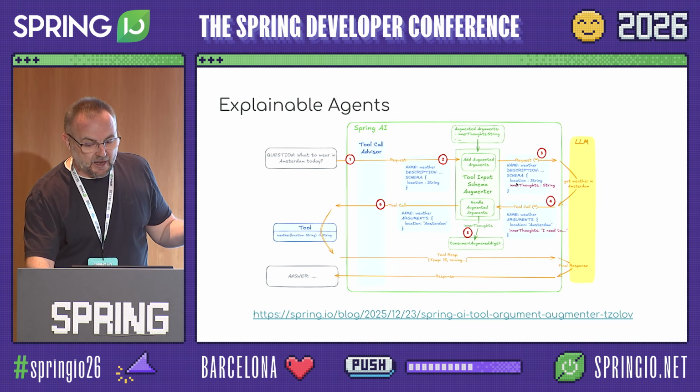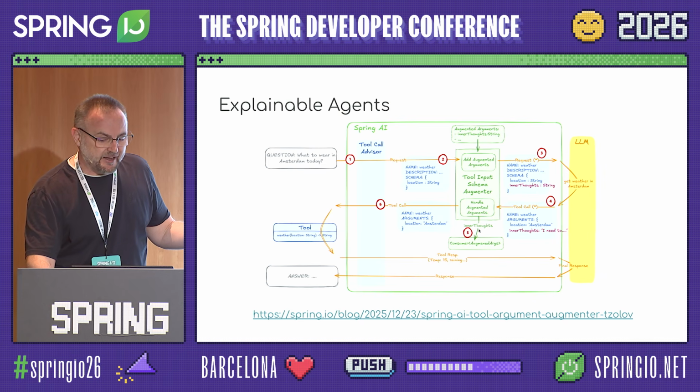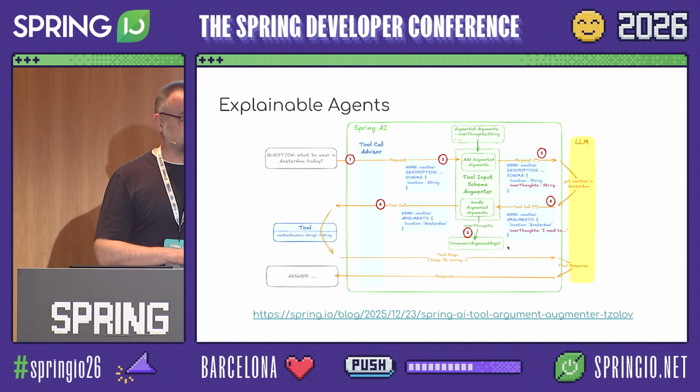It would be obliged to provide the information for all fields here in order to call this tool. So we would get, on the way back out, information about the reasons why this tool was called. And we can either leave this parameter, or as normally you would do, drop it, but you can have a handler to actually act upon this. This is very common if you want to do some observability on this.